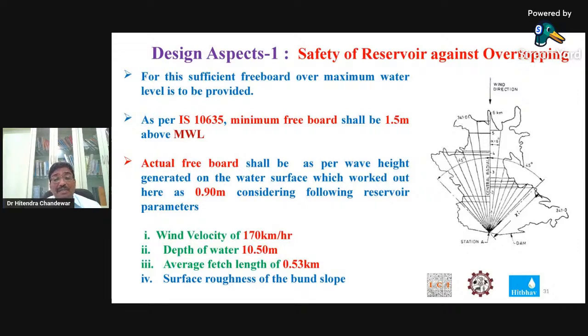So the freeboard depends on the height of wave generated on the water surface, which is worked out here as 0.90. When the design wind or cyclone period comes, waves will be generated on the surface of the reservoir, and hence you have to calculate the maximum wave height for the design wind velocity, the design depth of water, and the average fetch distance.